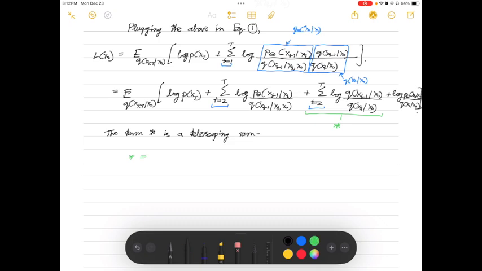Star can be written, if we expand the term, as log q of x_{t-1} given x naught, plus log q of x_{t-2} given x naught, and so on, plus log q of, if we plug in 2, x1 given x naught.